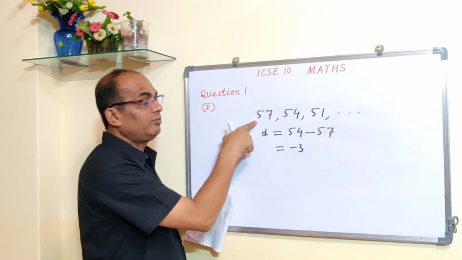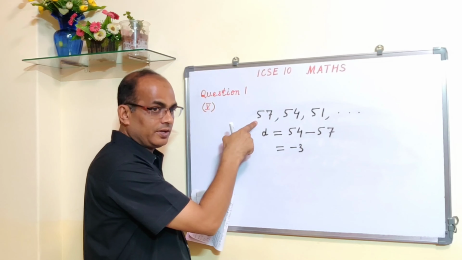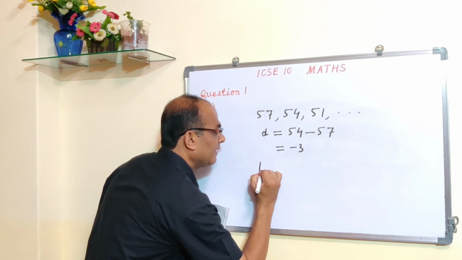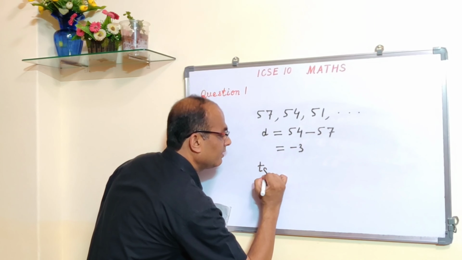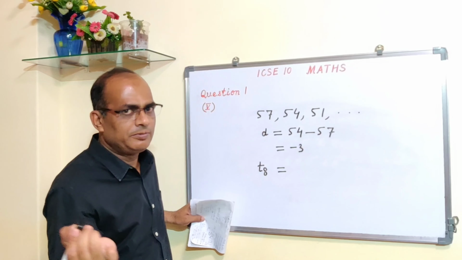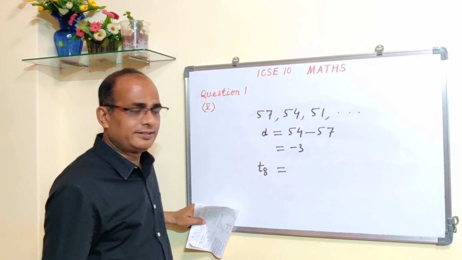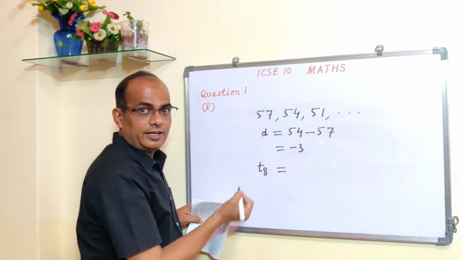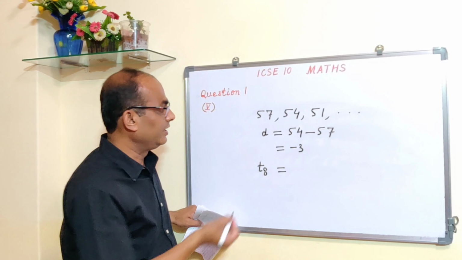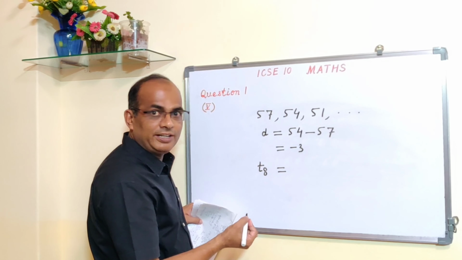d is this, and the first term is 57, alright? So we can find T8. T8, or you can write A8, that is also okay. Some people write A8, I write T8. The formula for the nth term of an arithmetic progression is Tn equals a plus n minus 1 into d.